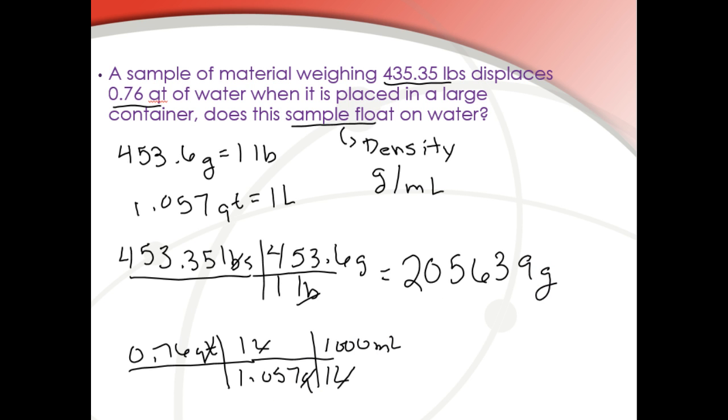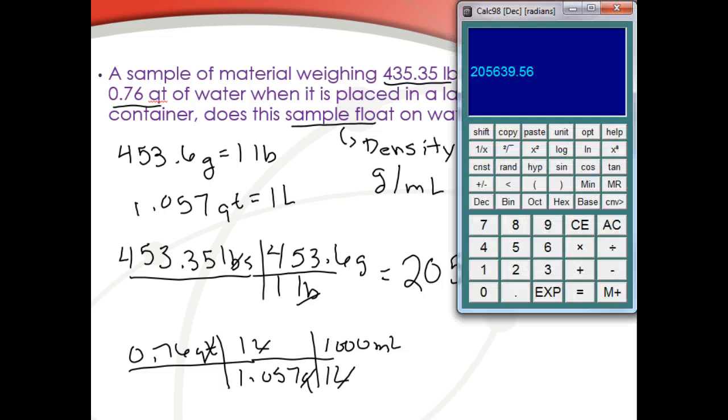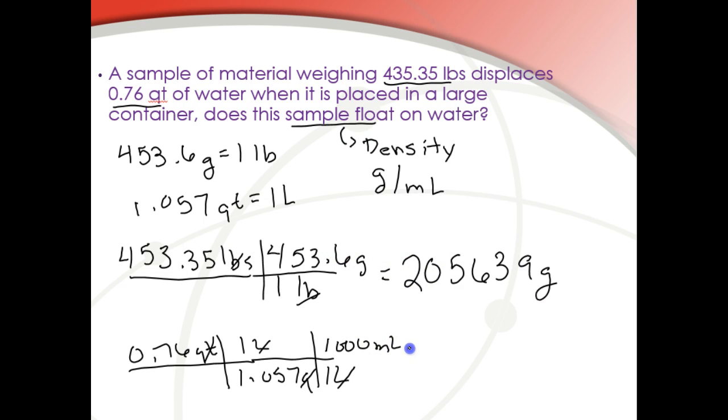And for my volume, same thing: 0.76 divided by 1.057 times 1,000 gives me 719 milliliters. Now I can divide the two and get my answer.